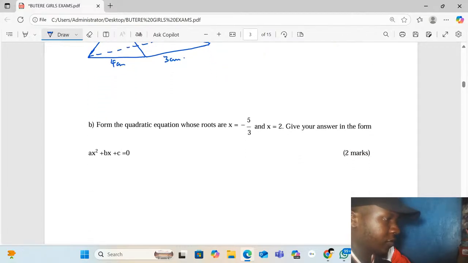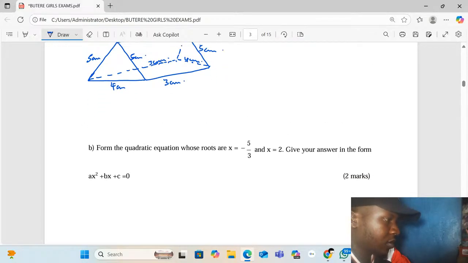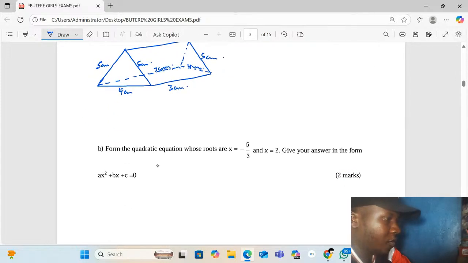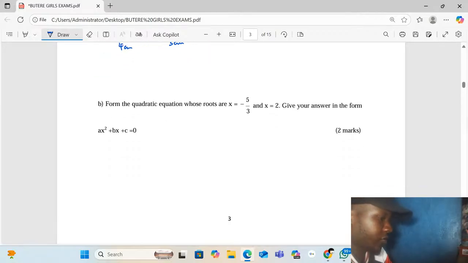Now we move to this question. That was A. B. Now form the quadratic equation whose roots are x is negative 5 over 3 and x is 2. Then give your answer in the form ax squared plus bx plus c is equal to 0. Then you get your other 2 marks.